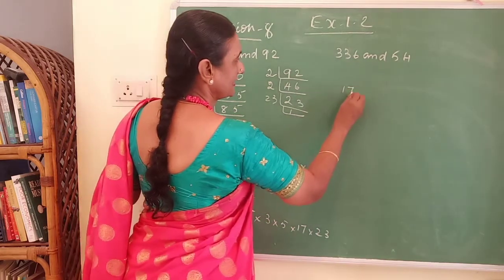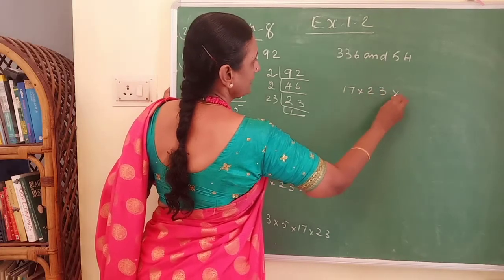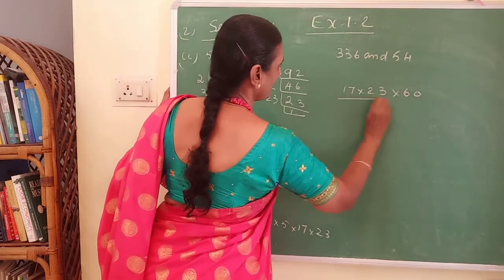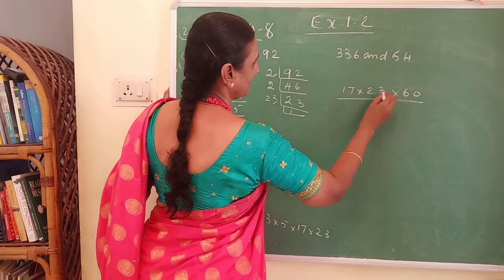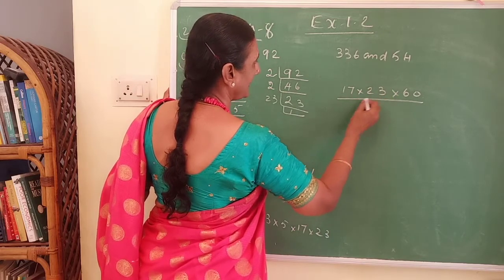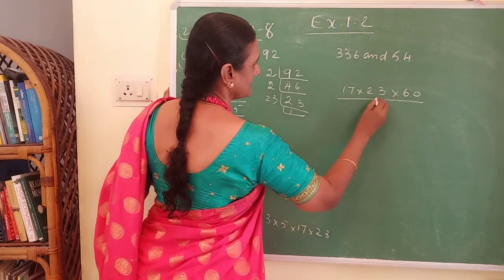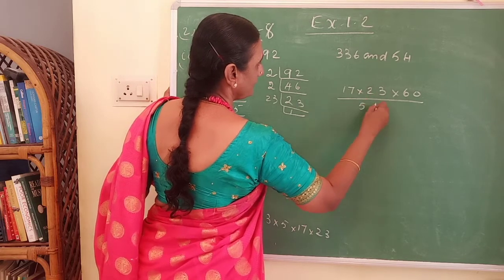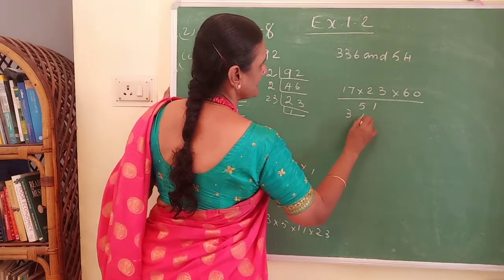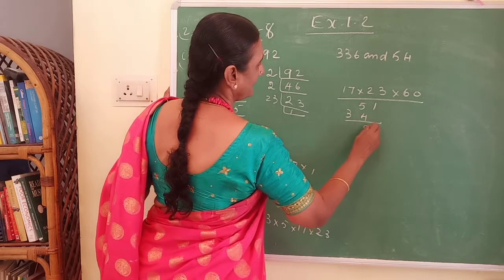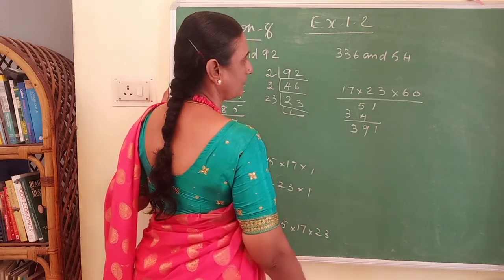So 17 into 23 into 60 is the LCM. First I will multiply 17 and 23. 3 17s are 51 and 2 17s are 34. Then adding, we get 391.